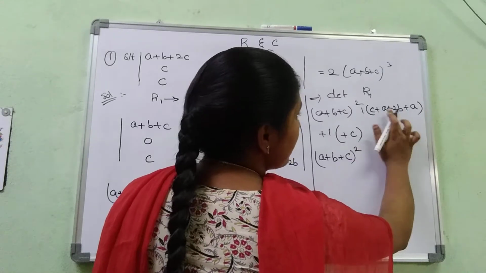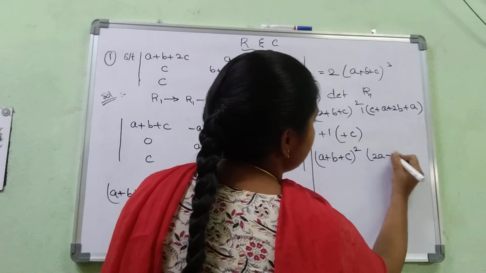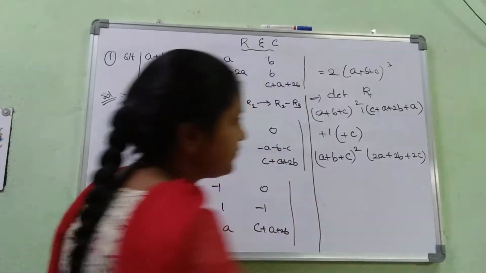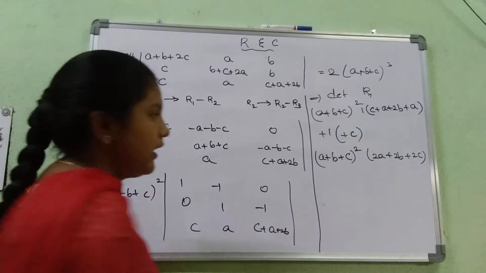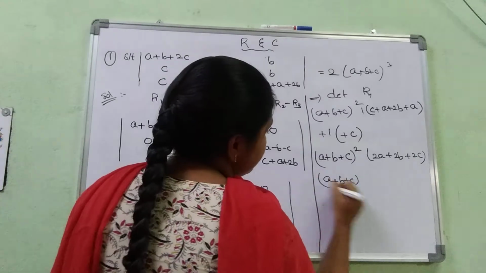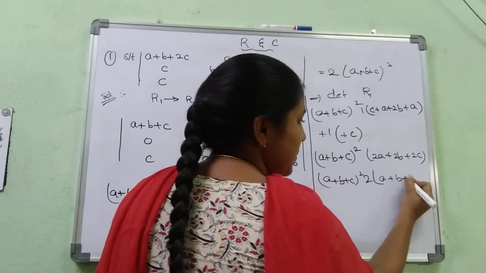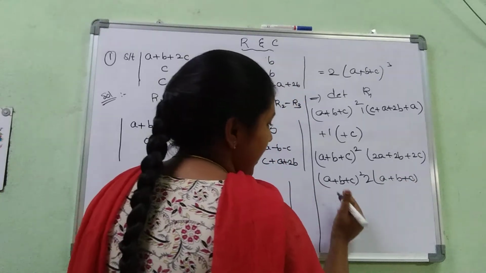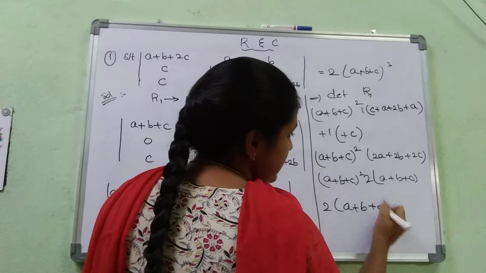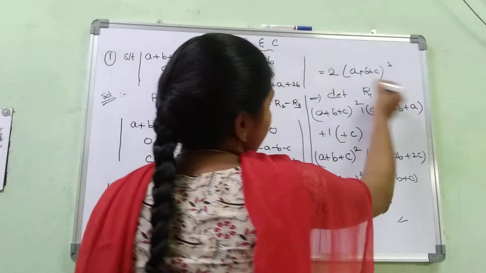Therefore a plus a, 2a, 2b, c plus c, 2c. You have understood till that. Now a plus b plus c whole square, if I take out 2, then 2 into a plus b plus c into a plus b plus c square becomes cube. So we have proved this.